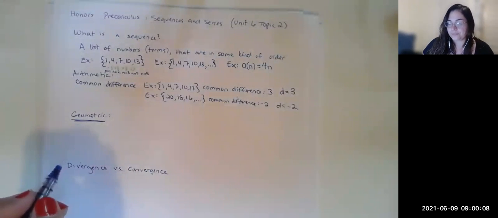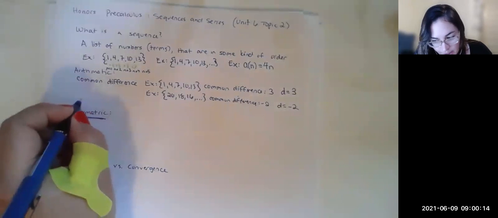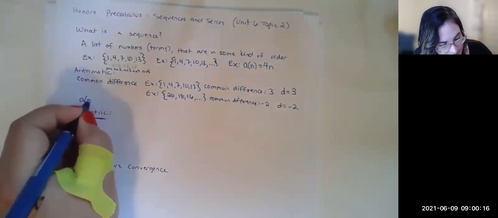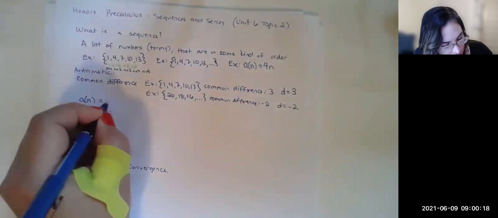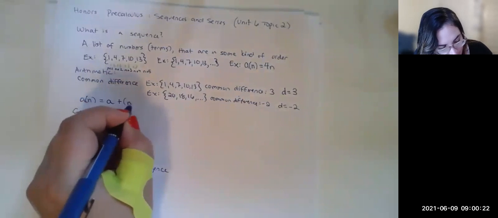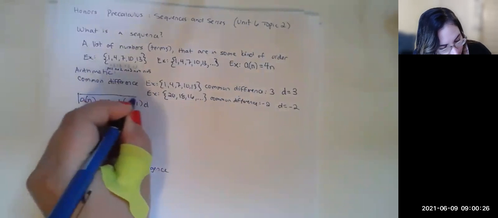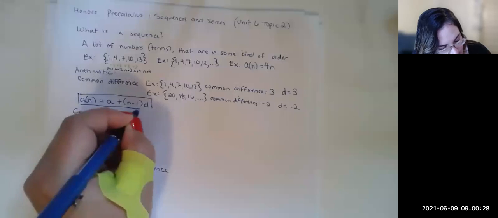The formula that we often see for the nth term is a of n, or a sub n, equals the first term, a or a1, plus n minus 1 times d. That's the formula for any arithmetic sequence.